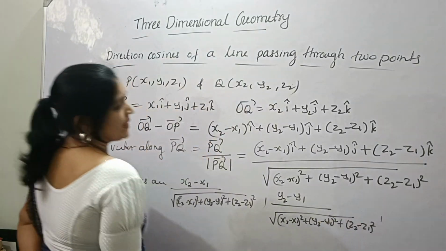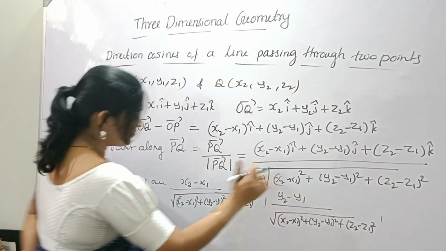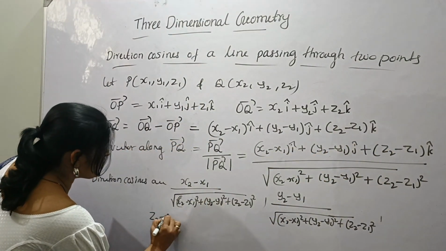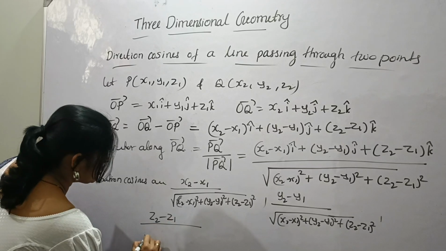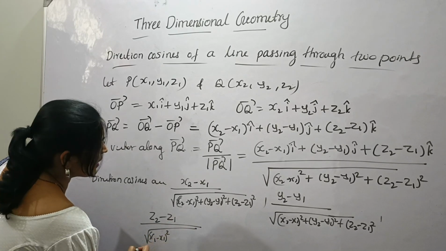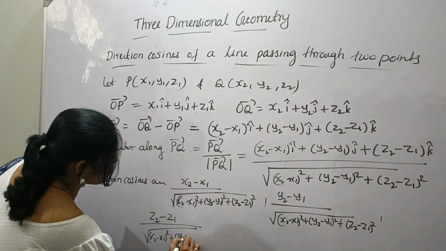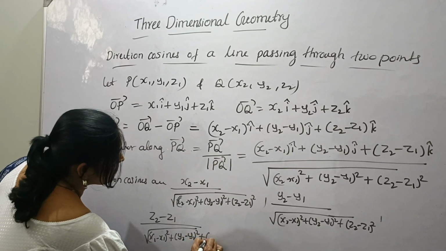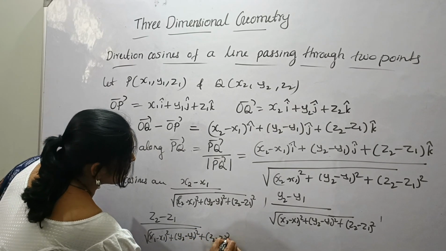Next, the coefficient of j, that is y2 minus y1 divided by the same square root. Next, the coefficient of k, that is z2 minus z1 divided by the square root of (x2 minus x1) whole square plus (y2 minus y1) whole square plus (z2 minus z1) whole square.